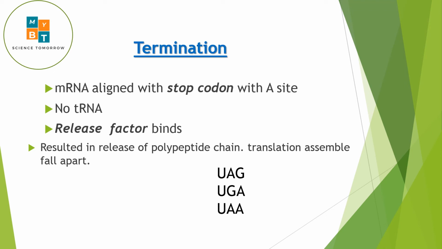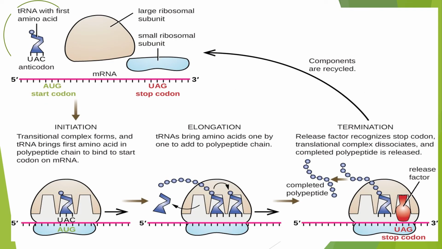So this is simply protein synthesis. You have two processes, transcription and translation. Let's see it again. Translation initiation has the large and small subunits of the ribosome, mRNA, and the initiator tRNA.